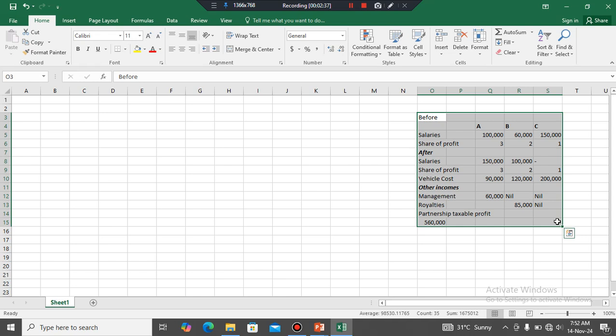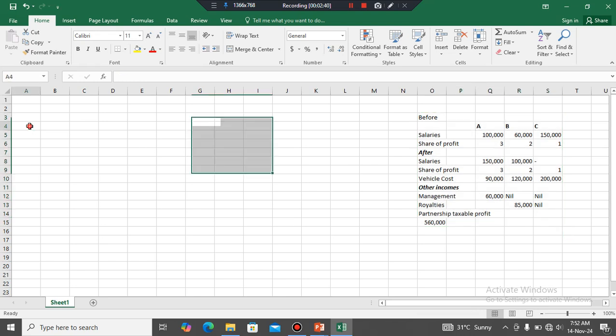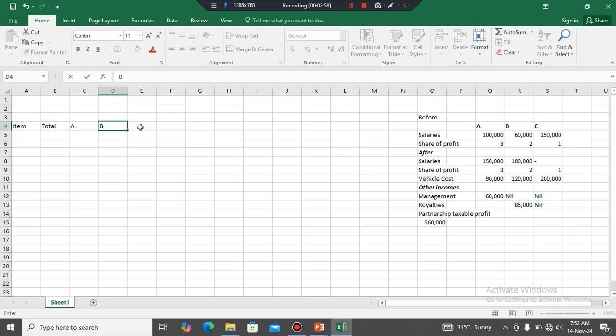So now let's begin. The first thing that you need to do is say item. We need to apportion these incomes. So we've got item here, and then you've got total, and then you've got the partners A, B, and C. The first item is the salaries.